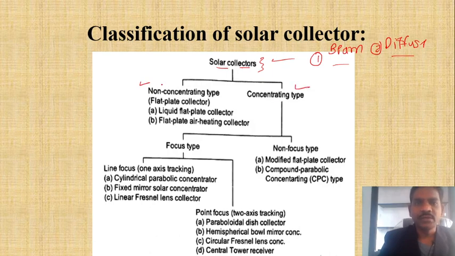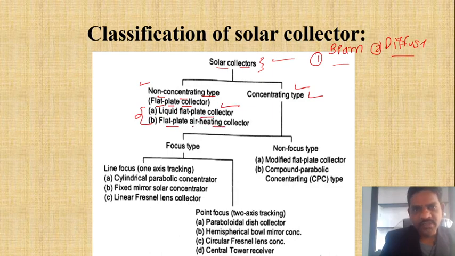This solar collector is classified into two types. One is a non-concentric type of solar collector and second is the concentric type of solar collectors. The non-concentric type is nothing but flat plate collectors, having two types. One is liquid flat plate collectors and second is flat plate air heating collectors.